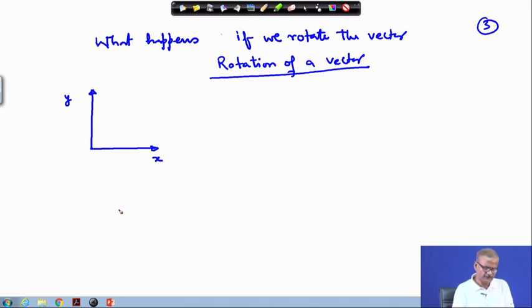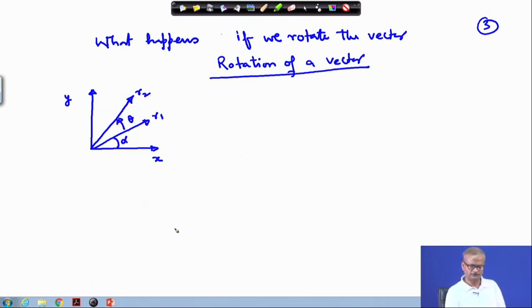So, this is our x y frame and let us say this is vector r 1, this is vector r 2. This vector is rotated from this position to this position. Instead of rotating the x y frame, we are rotating the vector from one position to another position.